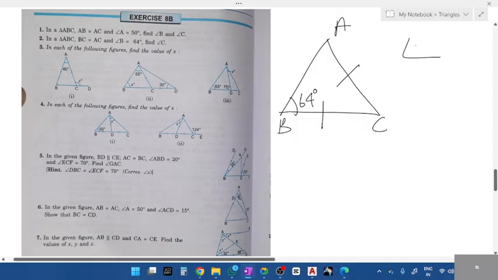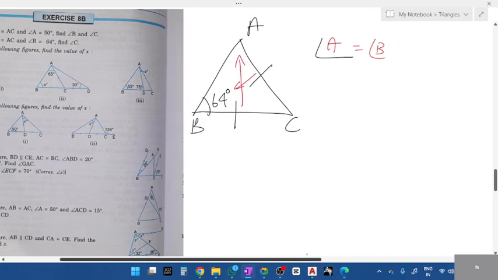It is simple. Just draw opposite lines. You know how to draw opposite lines? You know the meaning of opposite, right? Then angle A is equal to angle B. If angle B is 64, what is angle A? Angle A is also 64, right here, 64 degrees.